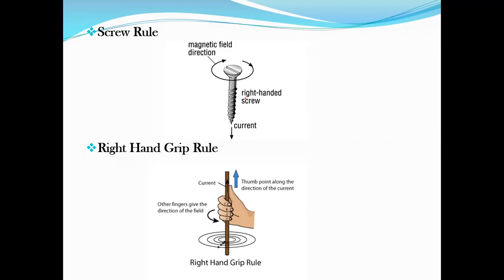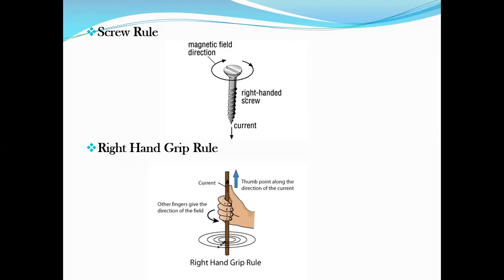When using the right hand grip rule, we hold the current carrying conductor so that our thumb is in the direction of the current. Then the rest of the fingers represent the direction of the magnetic field.